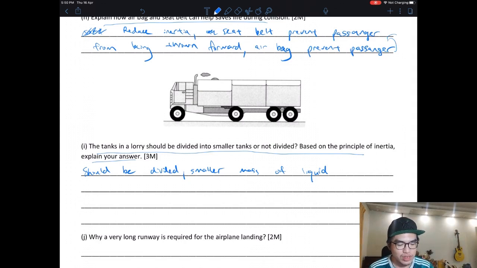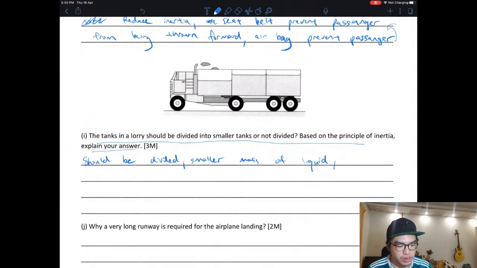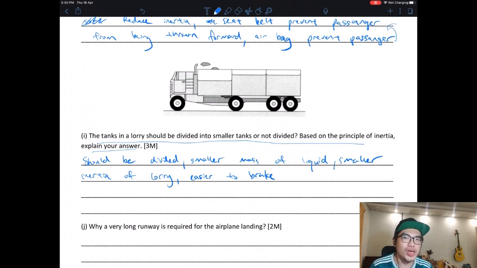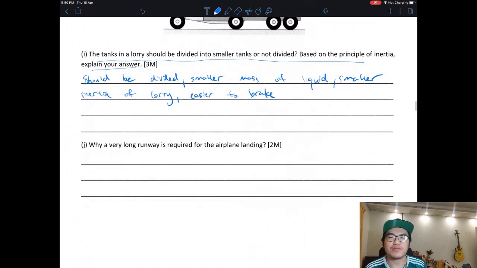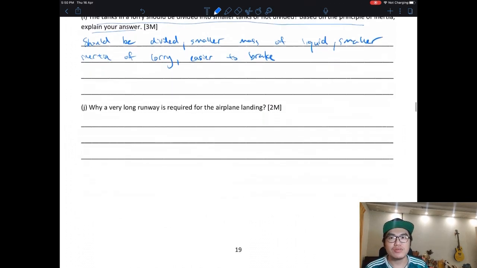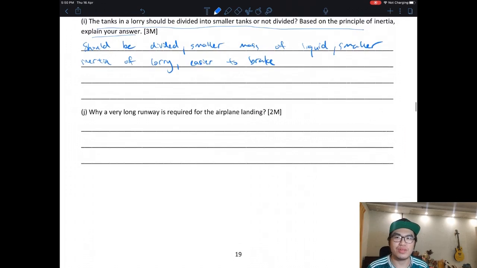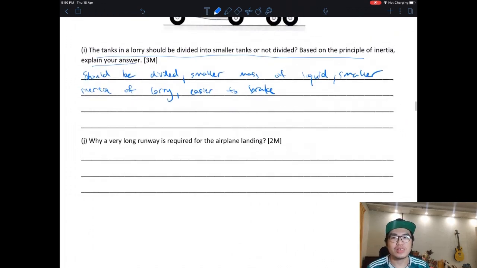So smaller mass of liquid, smaller inertia of the lorry, easier to brake the lorry. That's why inside a large tanker like this, they have compartments. In case of emergency braking, they won't die, because this is considered high risk transportation, because it's fuel. Any fire, you are dead.